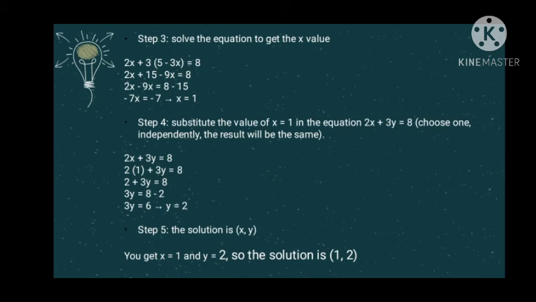We get y equals 2. Step 5: the solution is (x, y). You get x equals 1 and y equals 2, so the solution is x equals 1 and y equals 2.